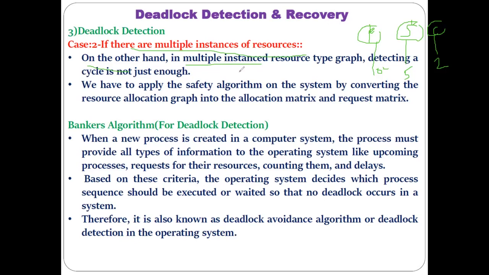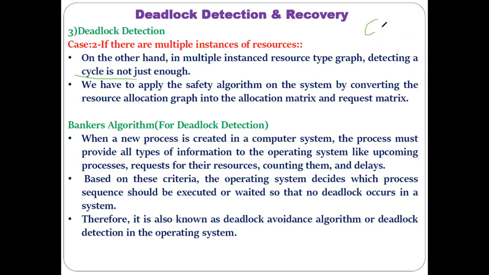So what other thing do we have to confirm in case of multiple instances of resource type? As I said, only detection of the cycle is not enough here.